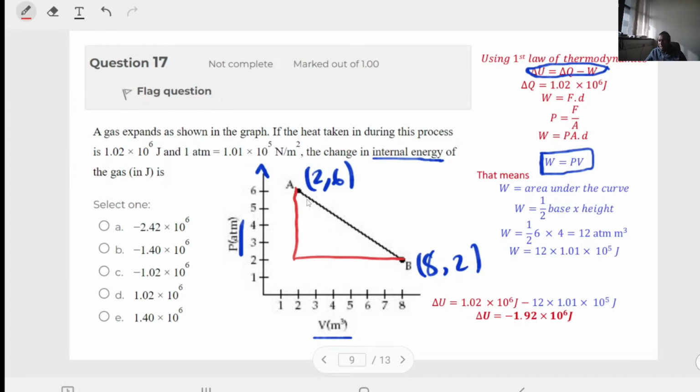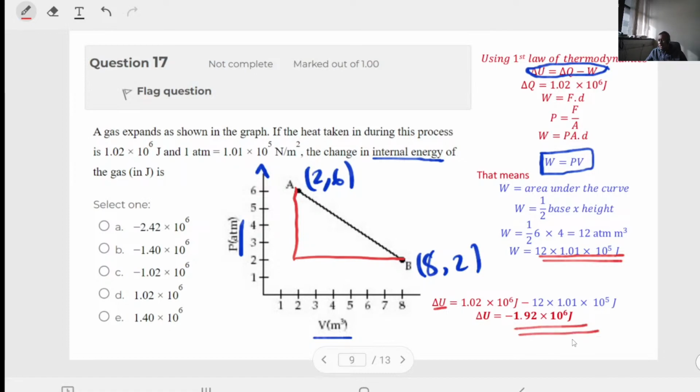I said, okay, if it is a triangle, I simply say half times base times height, which I get about 12 atm per meter cubed, because it is pressure times volume. But it's given that 1 atm is 1.01 times 10 raised to 5 Newton per meter square. If you put that together, the work done is actually this much. Now delta U is equal to 1.02 times 10 raised to 6 minus 12 times 1.01 times 10 raised to 5.